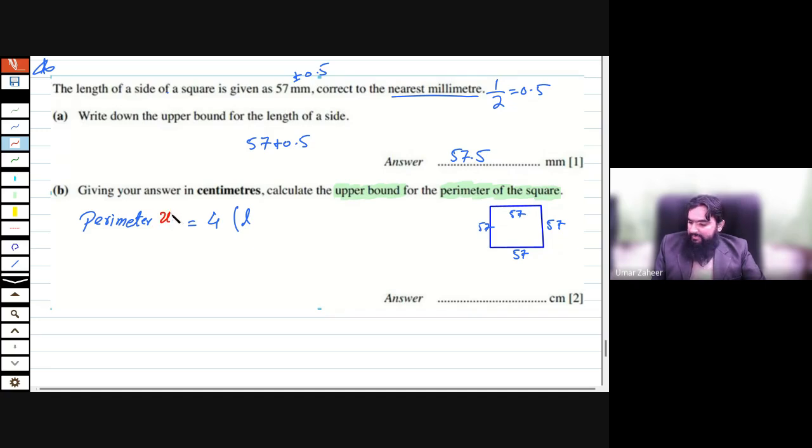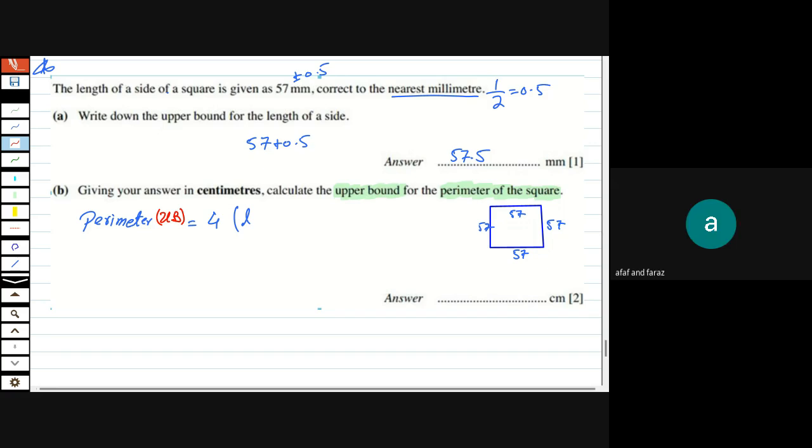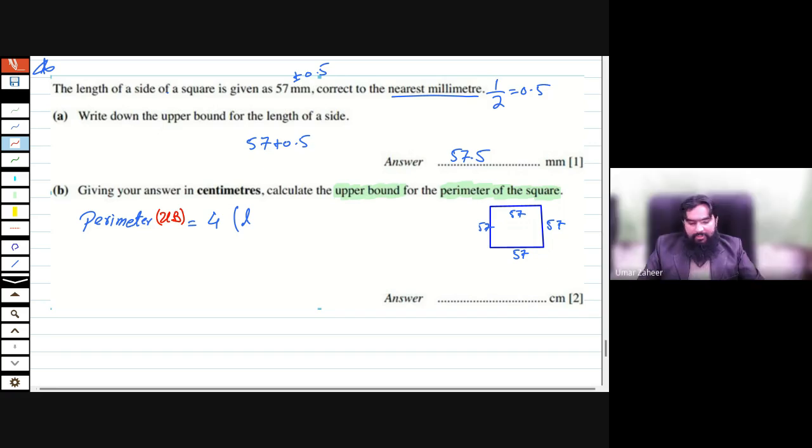Afaf, please tell me, is it a case of addition, subtraction, or multiplication? For the upper bound, we're just going to add the sides. Yes, all the sides, so it is the case of addition.